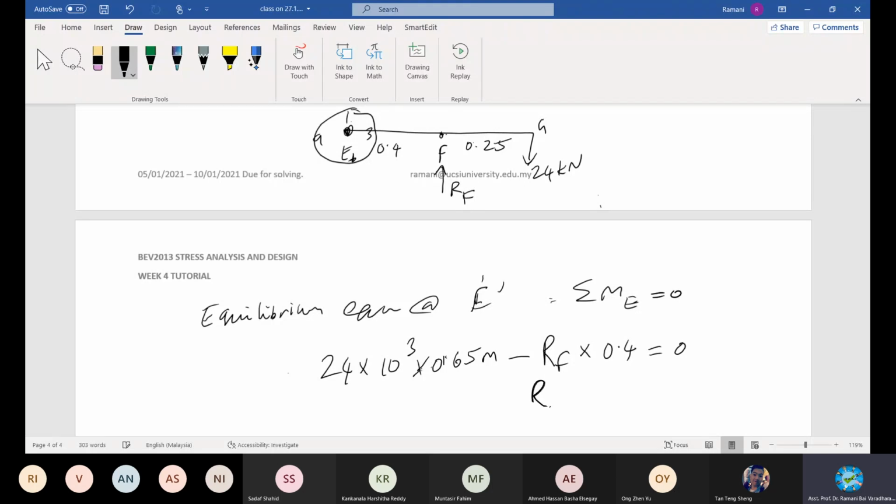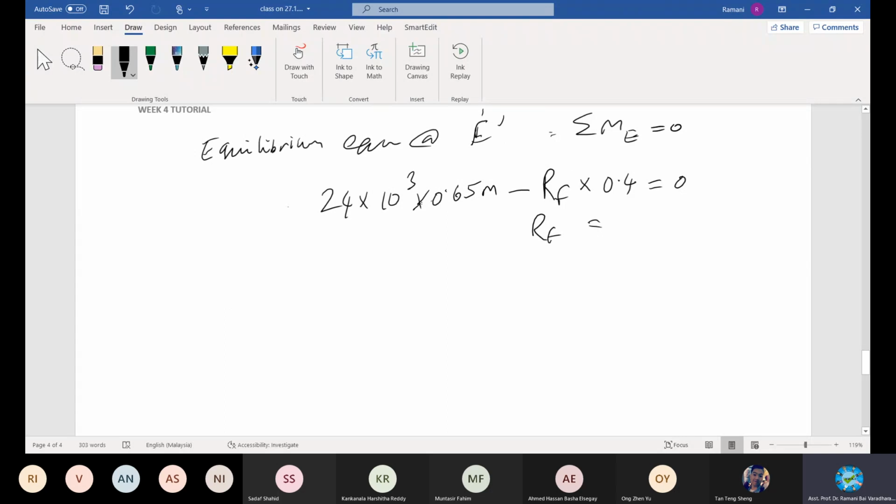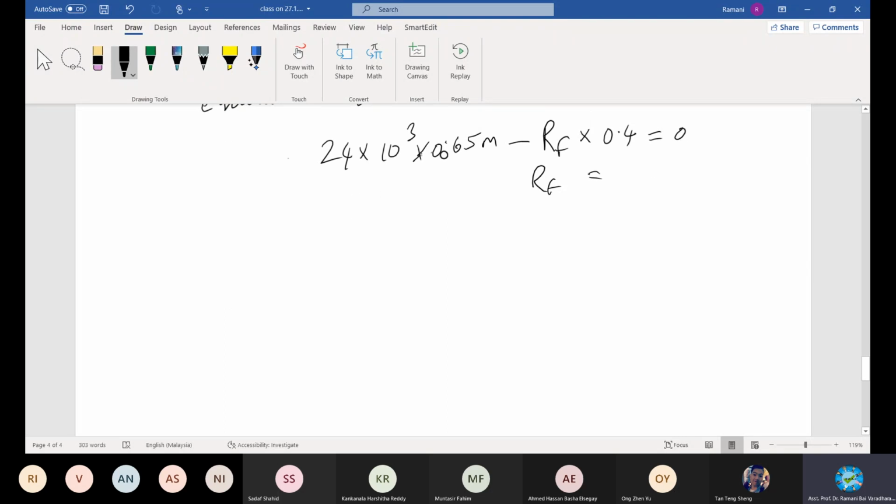So I find RF is equal to, how much is the value of RF? Give me the answer, please. RF? 39 kN. 39 into 10 power 3 newtons.